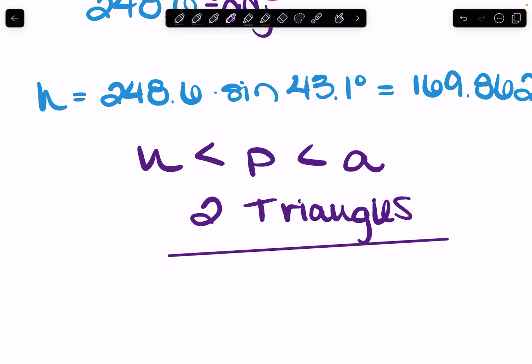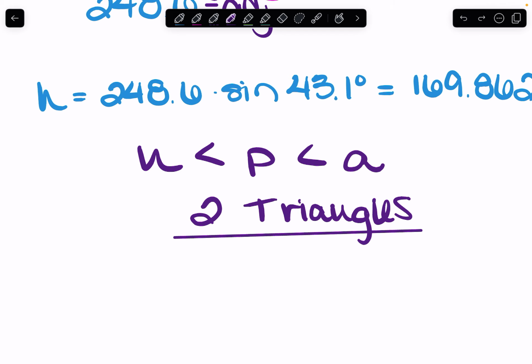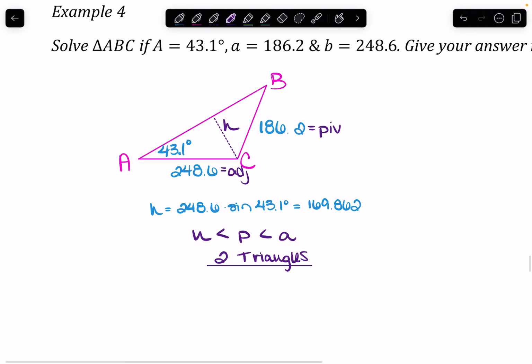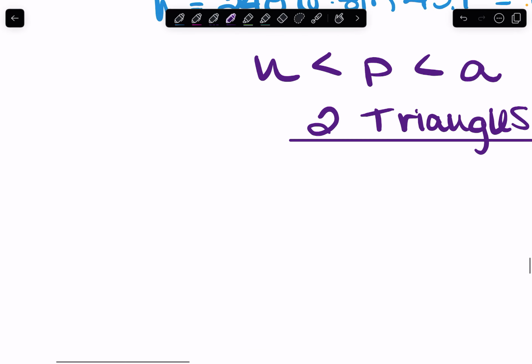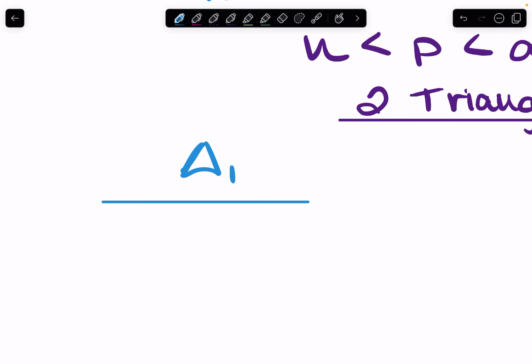All right, the key to solving that two triangle scenario is solving for the unincluded angle first. So we're going to use law of sines to solve for the unincluded angle, which would be angle B. All my first triangle is going to have subscripts of 1, so this is triangle 1. Angle B sub 1 is what we want to find first. Remember, law of sines can be turned upside down as well.